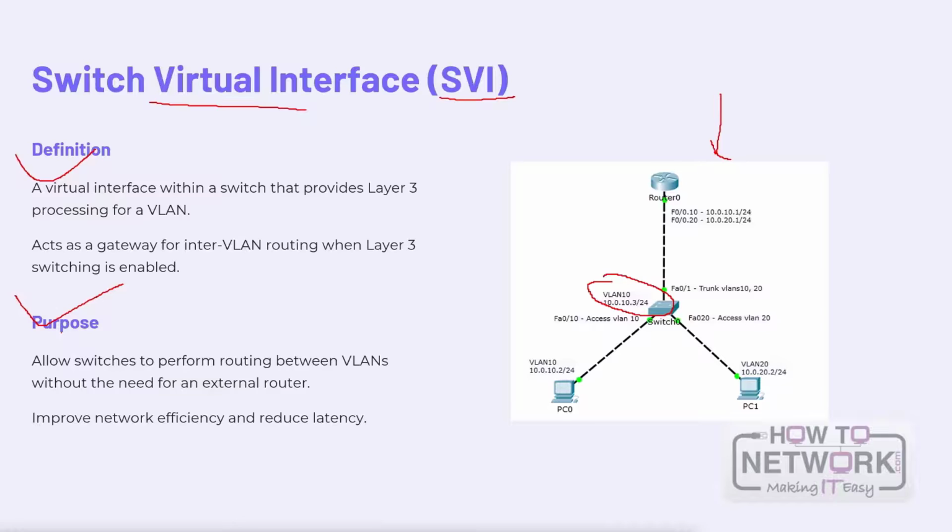All of the hosts that are associated to VLAN 10 will use this IP address as their gateway. Okay. So if you have other VLANs and other SVIs, you can directly communicate to the other VLANs because the gateways are sitting on the same switch. You don't have to go to the router to be able to communicate, okay?